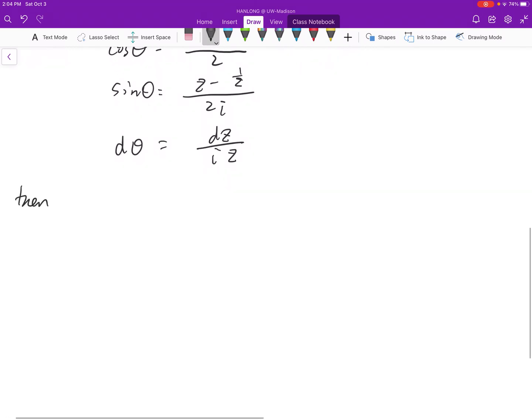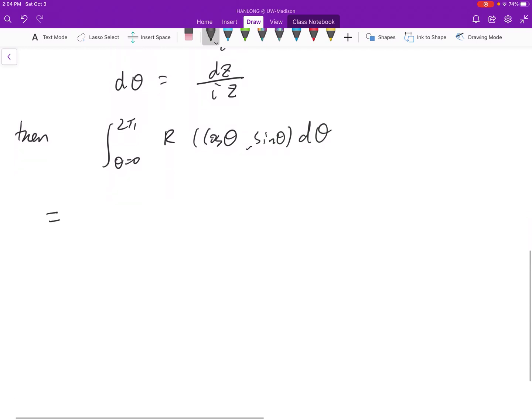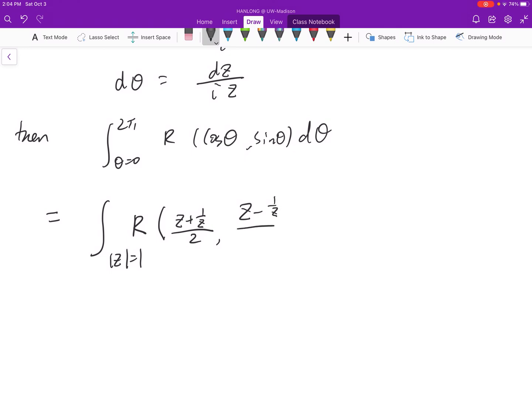Then the line integral of R(cosine theta, sine theta) d theta is the line integral of the function R((z plus 1 over z) divided by 2, (z minus 1 over z) divided by 2i) dz over iz.